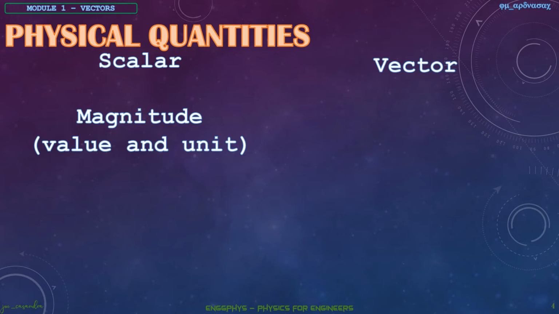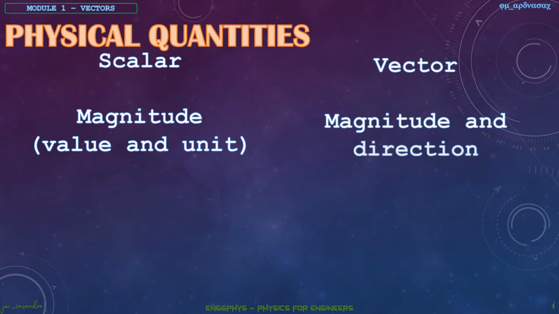But vector quantities will have a magnitude and a direction. So when I say 3 meters down, it has a value 3, it has a unit meters, it's downwards, so it has a direction. That's the simple difference between scalar and vector. So scalar, value and unit lang. Vector, there's already a direction.